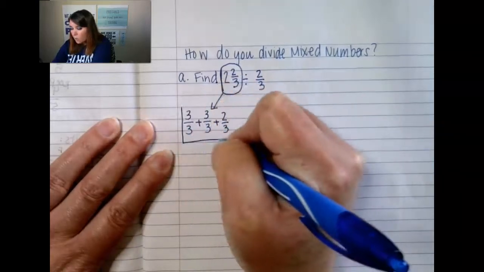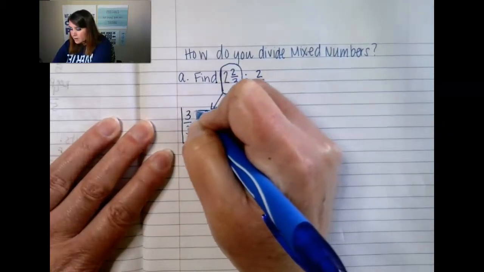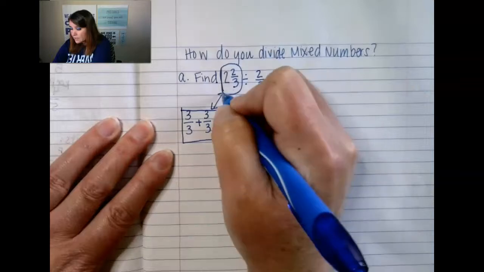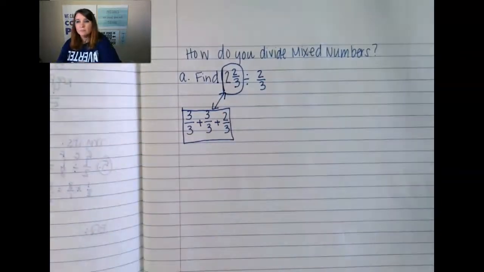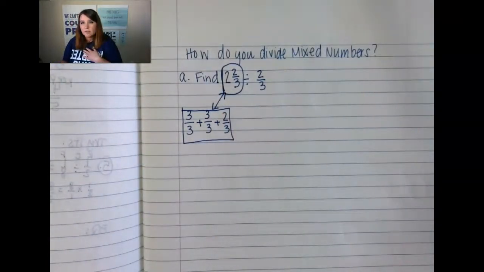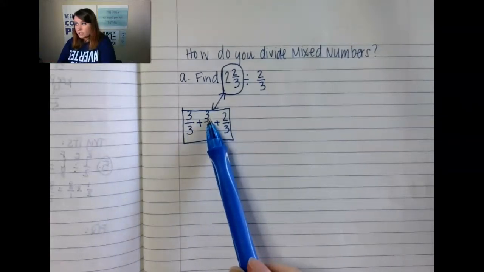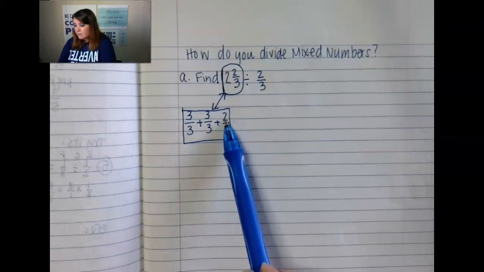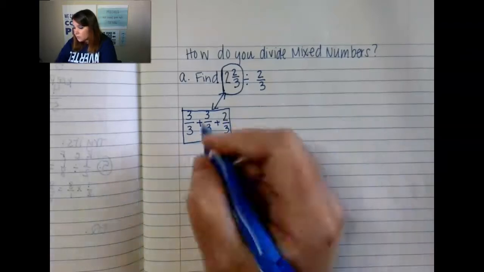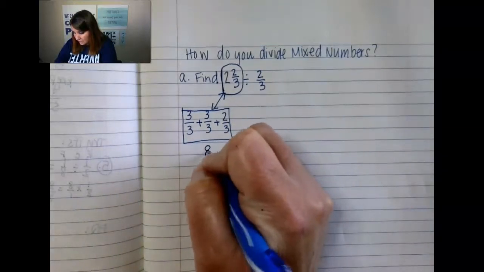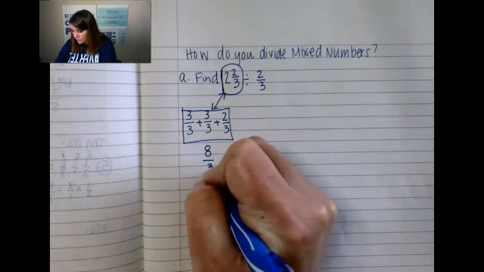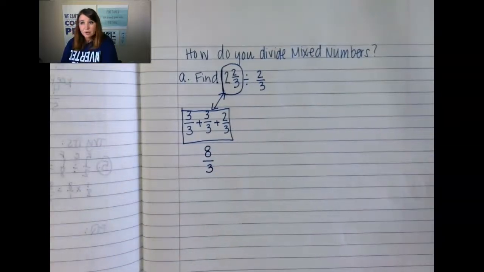Now this whole thing represents that fraction. How much is that fraction worth? It is worth 3 plus 3, which is 6, 7, 8. So it's worth 8/3.